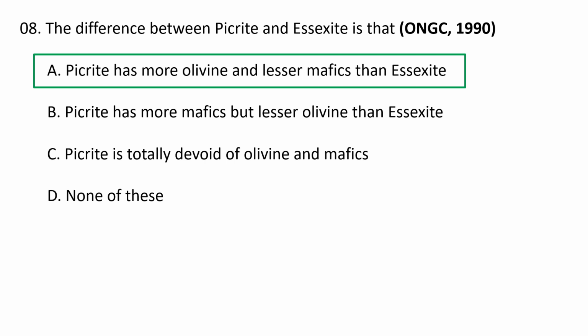Essexite can be considered an alkali gabbro or monzodiorite, primarily composed of nepheline and plagioclase, with lesser amounts of alkali feldspar, and mafic minerals such as titanaugite, hornblende and biotite. So the basic difference is that picrite has more olivine and lesser mafics than essexite.